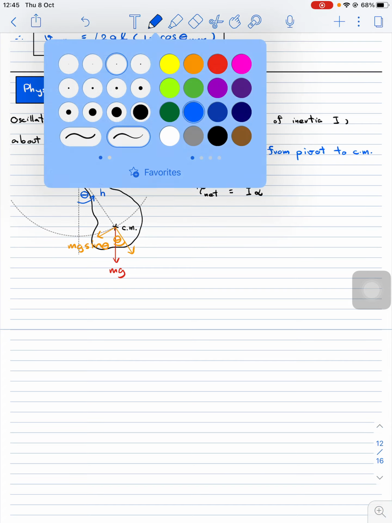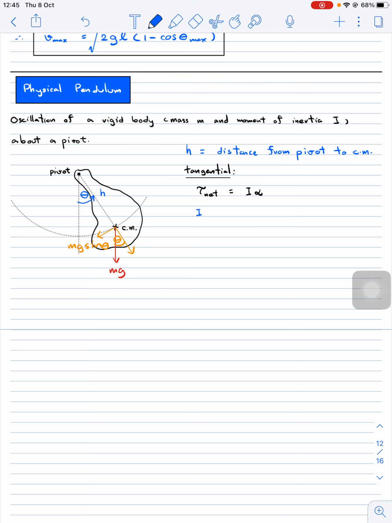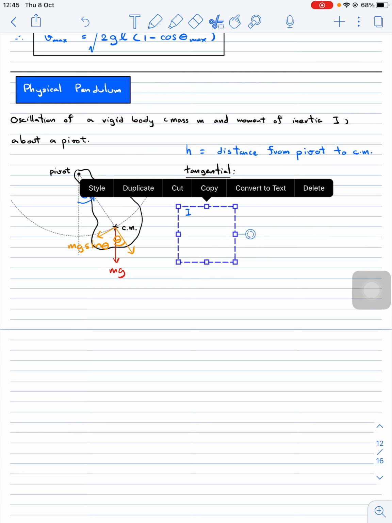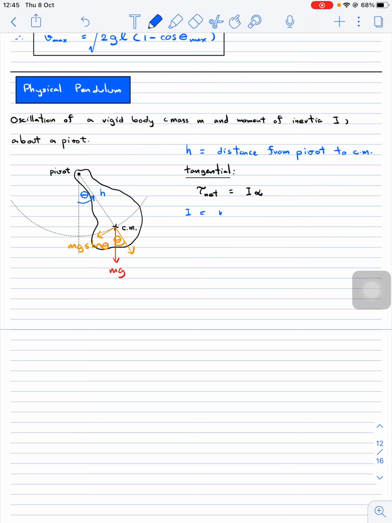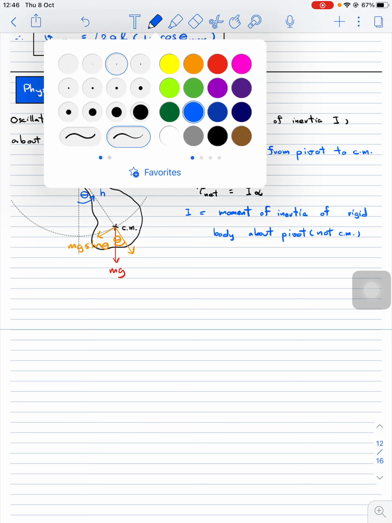Let me emphasize again: the I here is the moment of inertia of the rigid body about the pivot, not the center of mass.